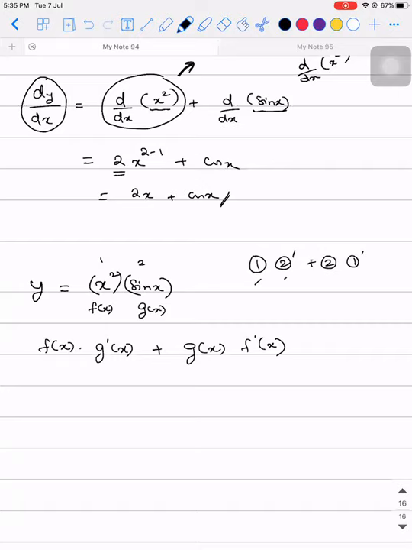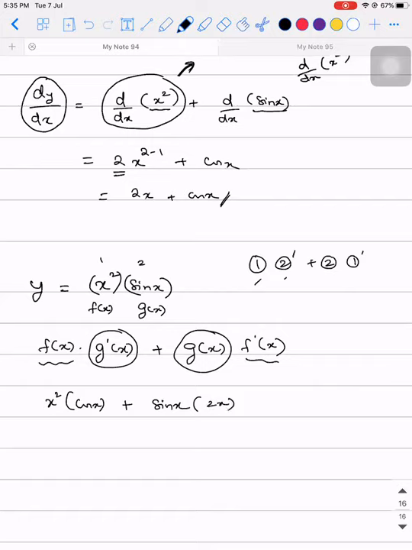So f of x means what should I write according to this question? x square. x square into derivative of g of x, which is cos x, plus g of x, which is sin x, into derivative of x square, which is 2x.